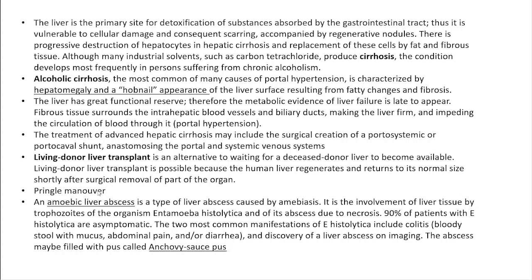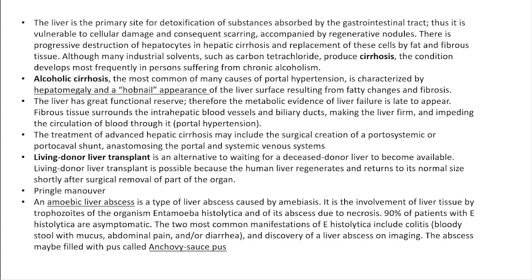Okay, another clinical importance is the Pringle maneuver. What is the Pringle maneuver? Suppose a patient comes to you with blunt abdominal trauma, there is a lot of bleeding from the liver, and you cannot stop the bleed. As a temporary measure, you can compress the right free margin of the lesser omentum, because that contains the chief blood supply of the liver, that is the hepatic artery and the portal vein.